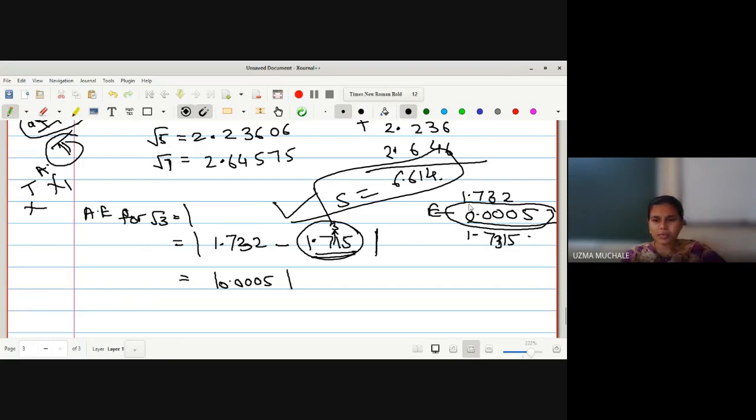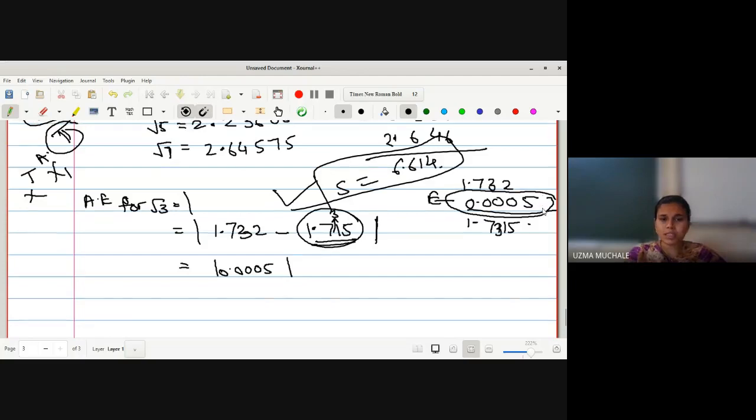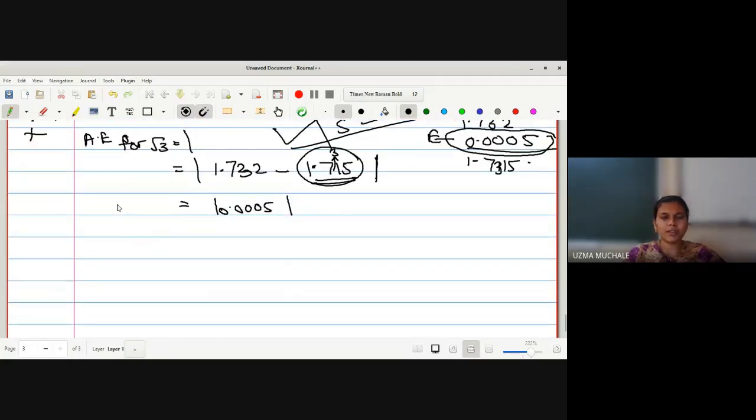Why subtract 0.0005? Because this will come as an error now, which is a very, very small quantity. So maybe the reason behind this is that if the approximate value is not given, you have to subtract 0.0005 from the original number. So here we get the absolute error in √3 as this one.